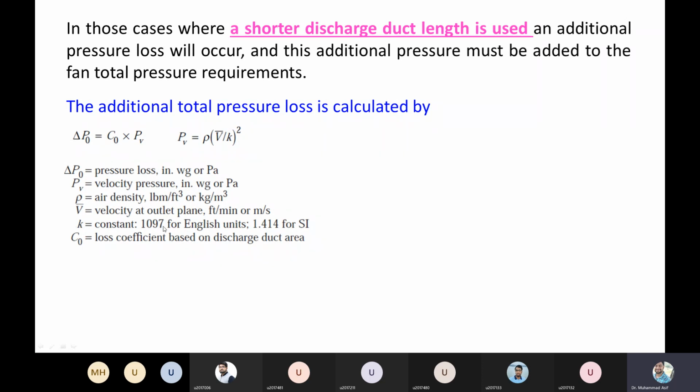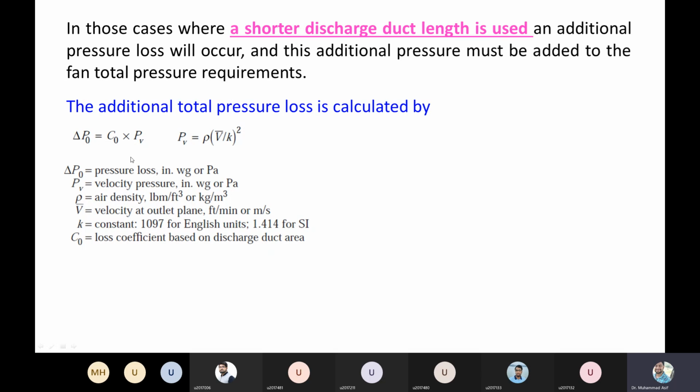K is a constant. It has a value in SI units as well as in British units. In British units it has a value of 1097, and SI units 1.414. Rho is the density. V is the average velocity based on the cross section.